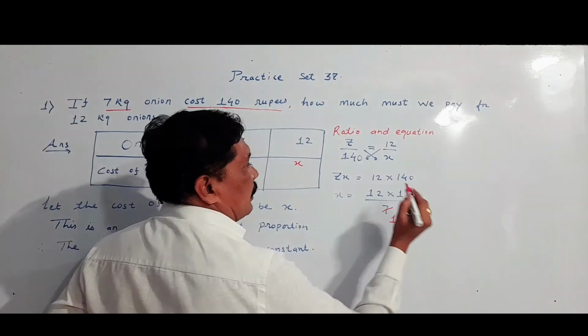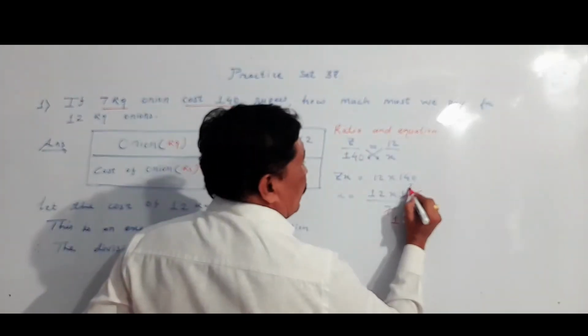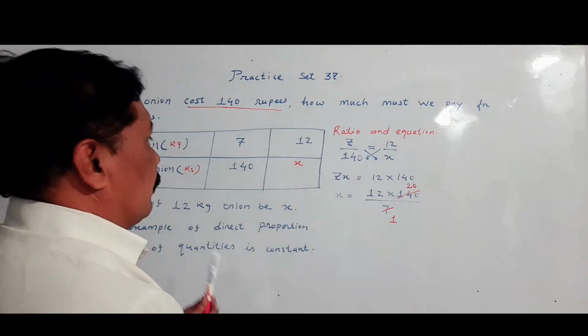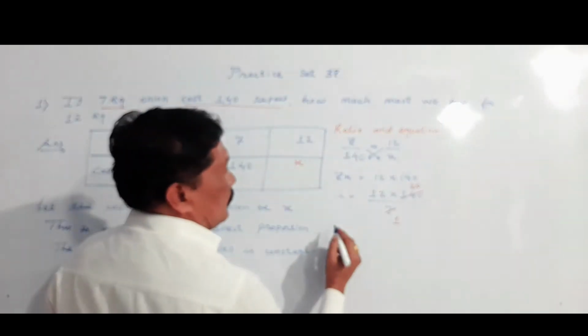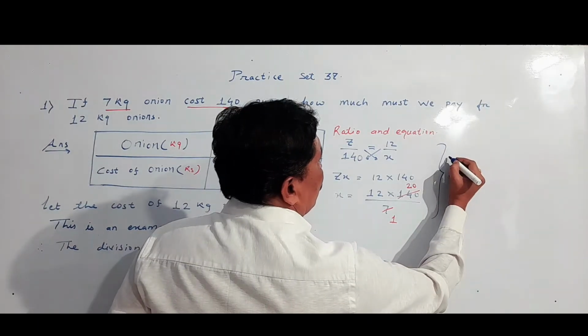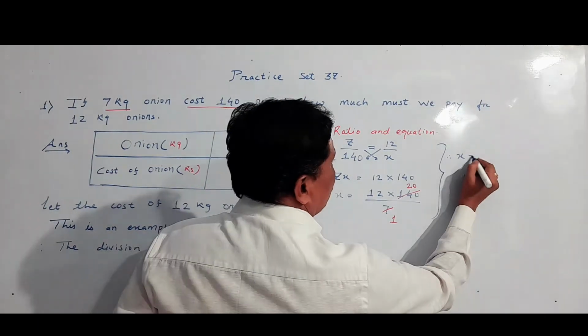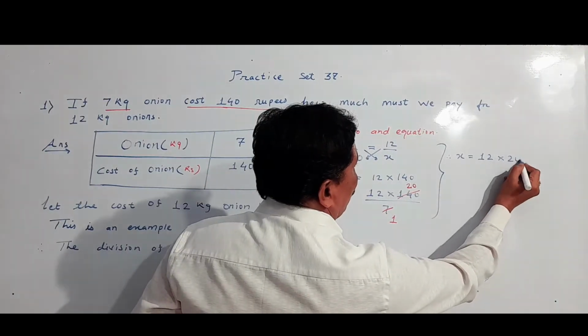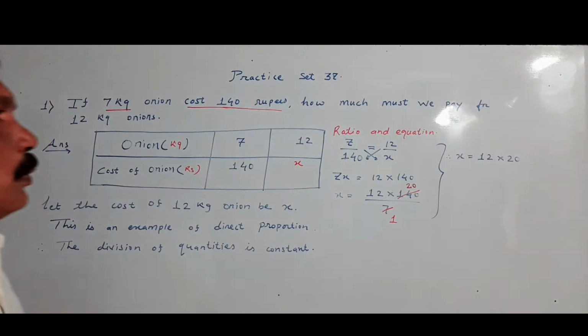7 ones are 7, 7 twenties are 140. Therefore, x is equal to 12 into 20.